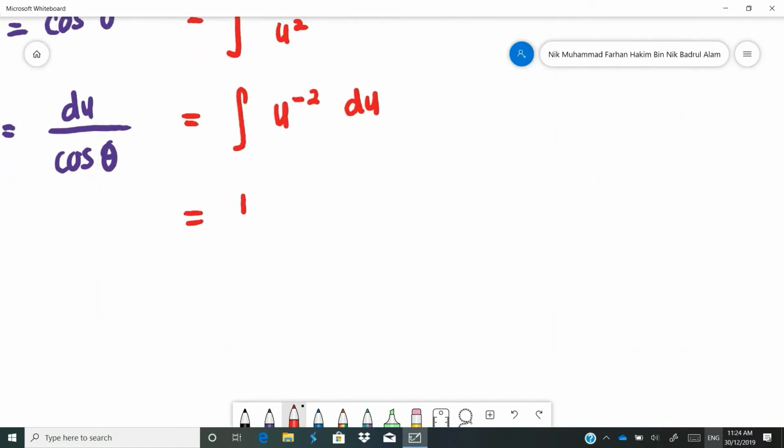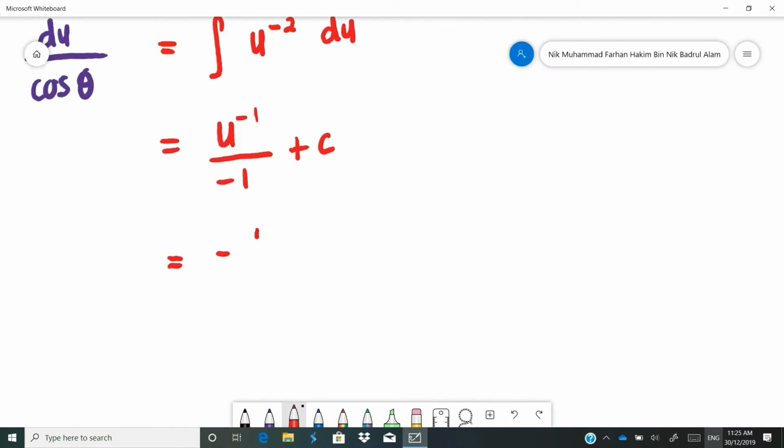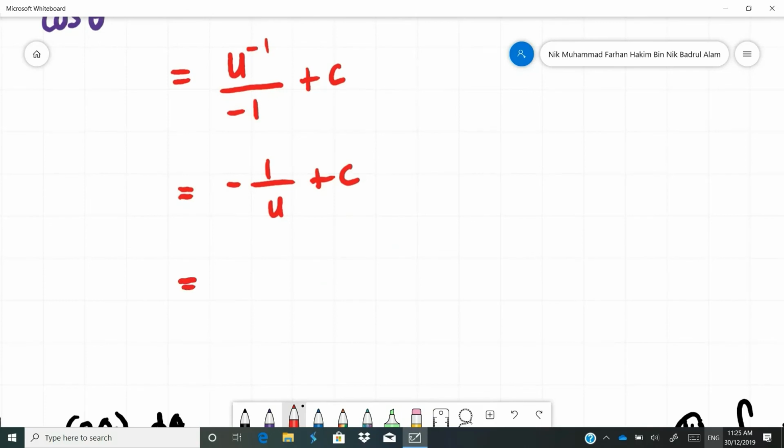So you add 1 to the power, so it'll become u to the negative 1, and divide by the new power, negative 1, plus c. So this is negative 1 over u plus c. But what is u? u was sine theta, so we write negative 1 over sine theta plus c.